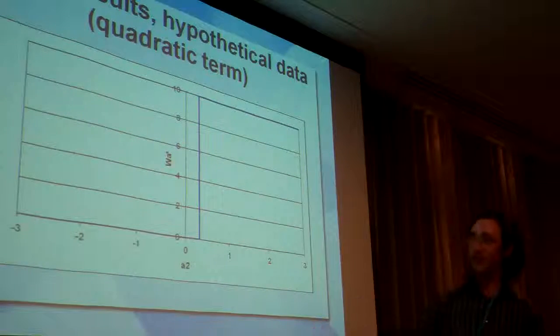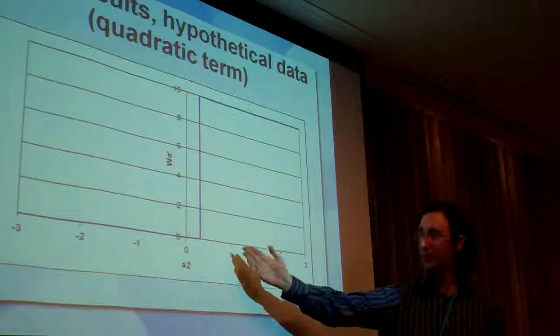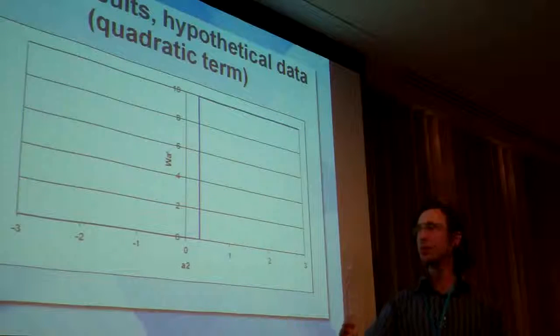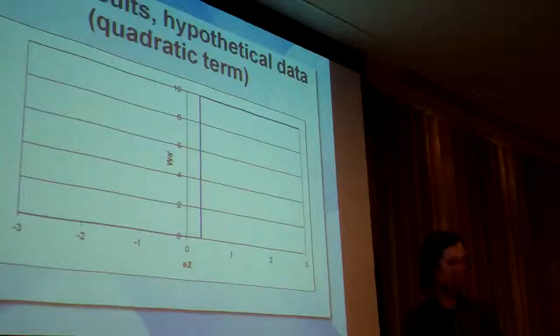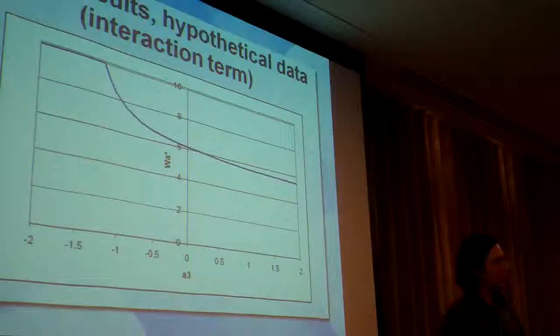Something like this, where you start off at a corner where you're allocating all your water to ecosystem B, and then you just jump discontinuously to a situation where you're allocating all of your water to ecosystem A. There's also interaction terms in the model.